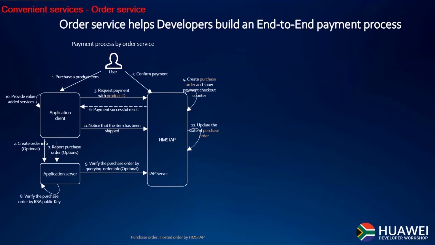After it's requested, the product information is requested from the in-app purchase server through the product ID. The HMS IAP will then create a purchase for that particular ID, and after that, it will return that information to the app client so that it's able to process that and save that information to the server.